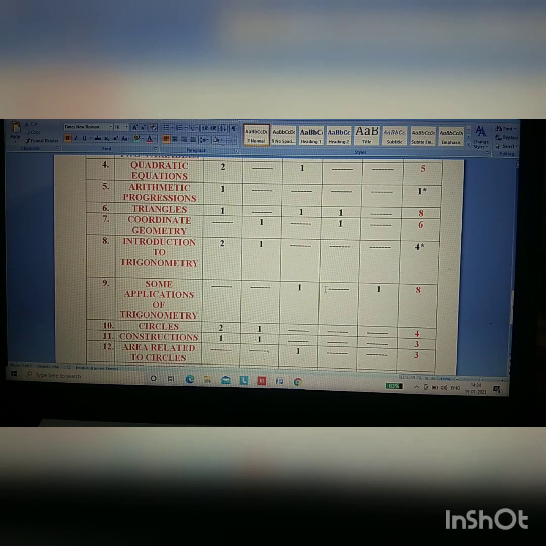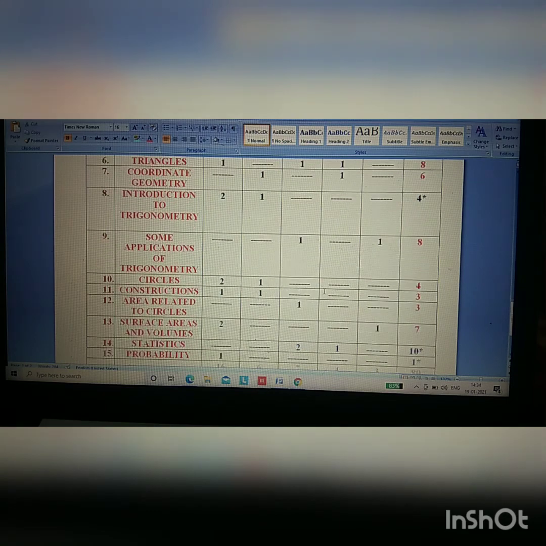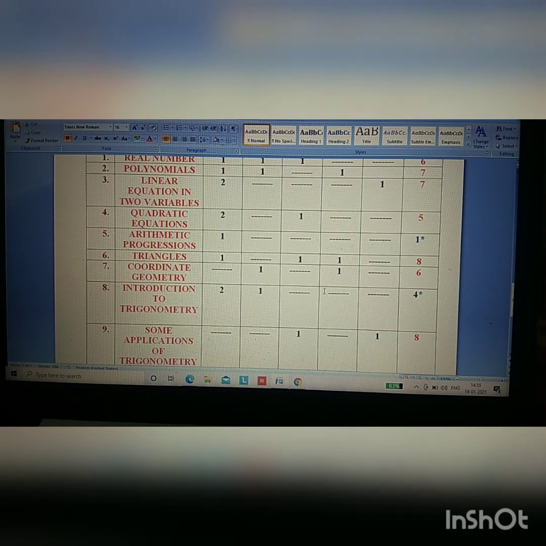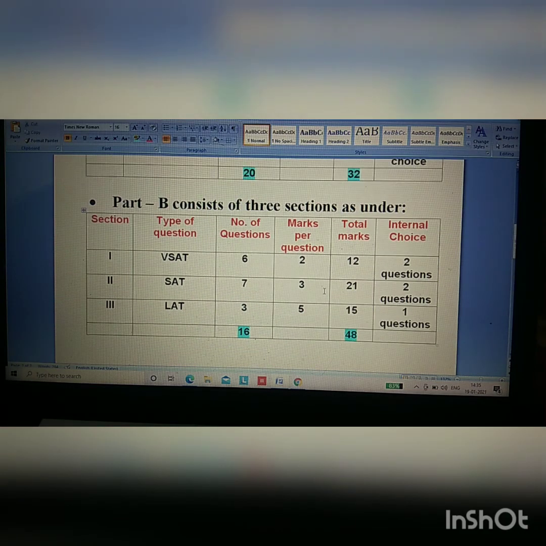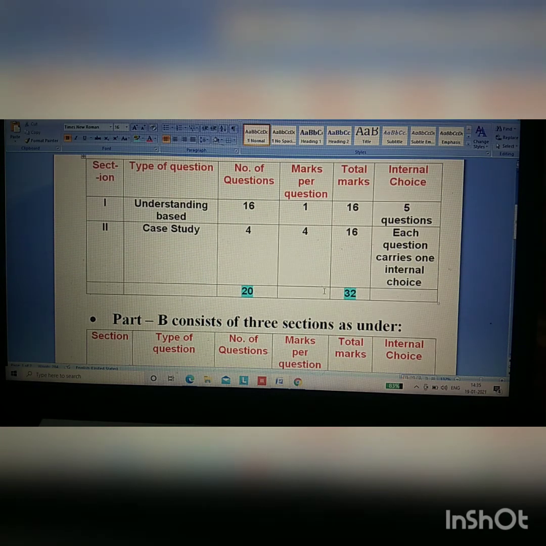So this is the briefly explained chapter-wise distribution of the question paper as per the CBSE sample paper released in 2020-21. Section-wise, part A carries 16 questions of understanding base, having 16 marks with 5 internal choices, and a 4-question case study, where each question has 1 internal choice because each case study question has 5 MCQs and every student has to attempt only 4 out of these 5 MCQs.